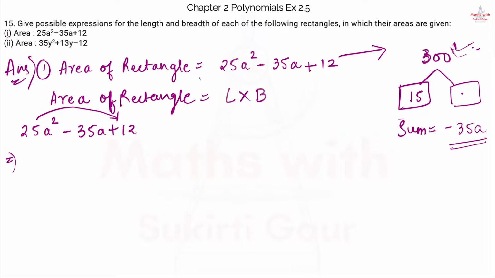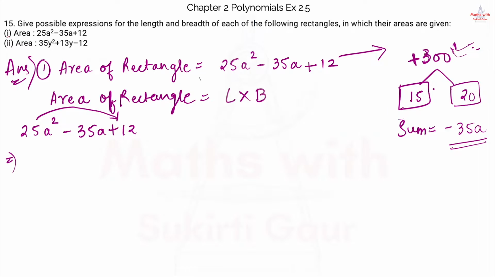If I write 15 and 20, when we multiply them, 20 into 15, they will get us 300 as a product. But we have to focus on the sign here, that we are getting plus 300, right?